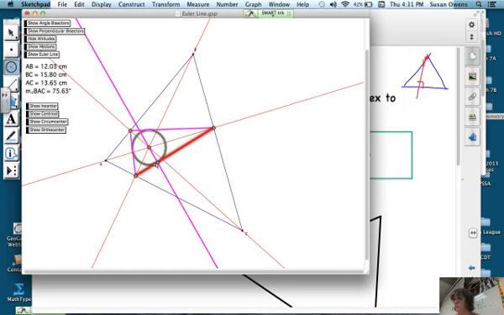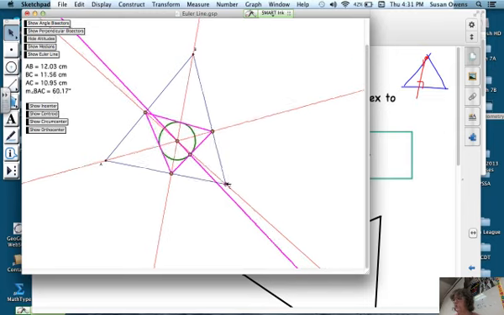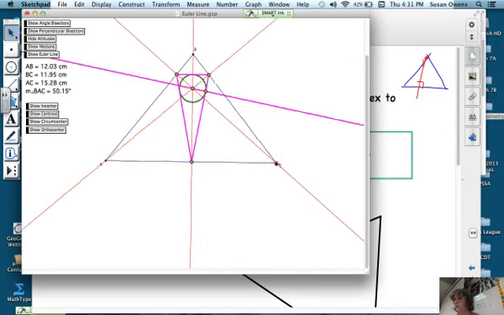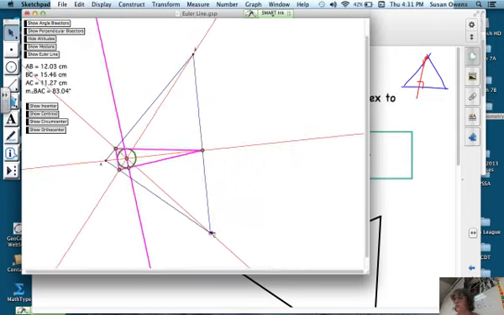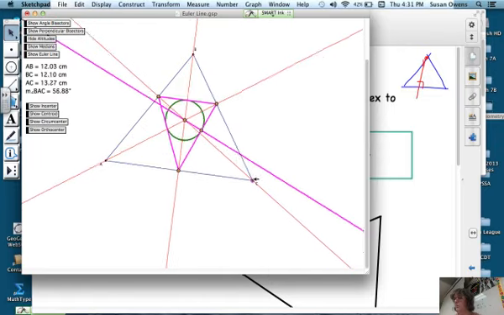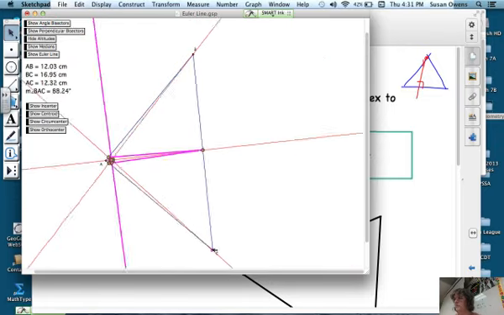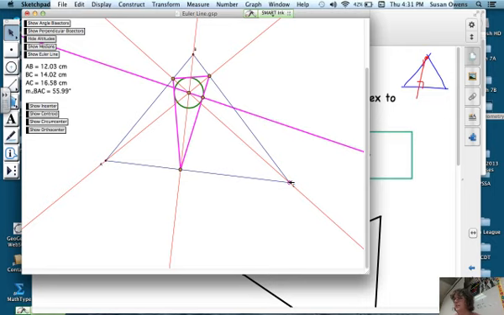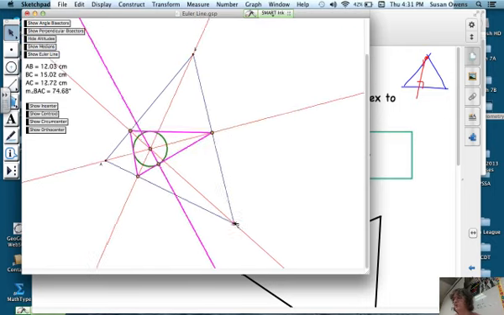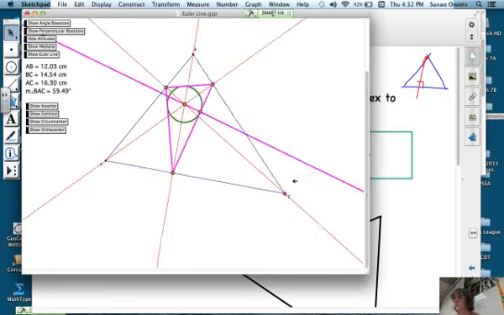So there we go. Now if you notice, if I move this around, not only does that orthocenter stay inside the triangle, but it is actually the incenter of the orthogonal triangle.